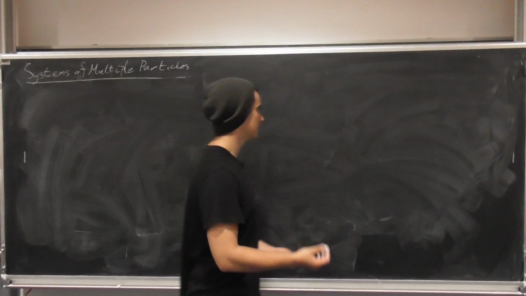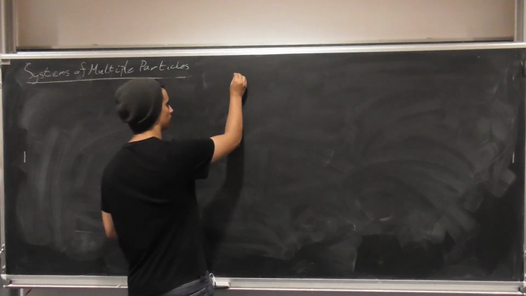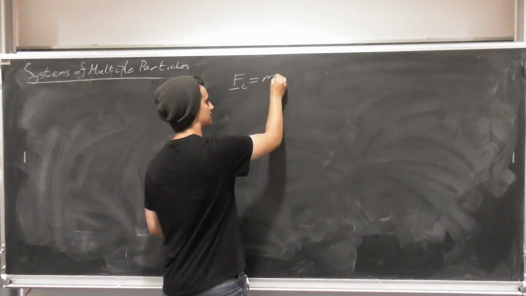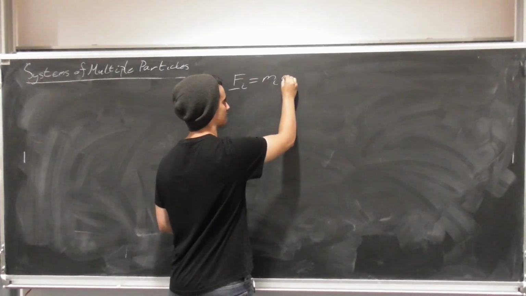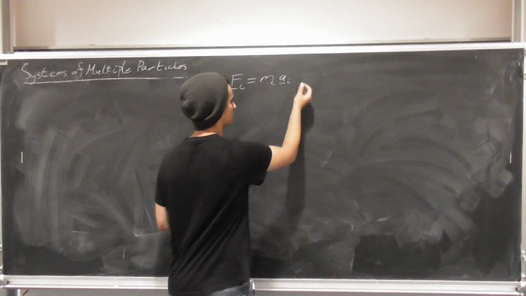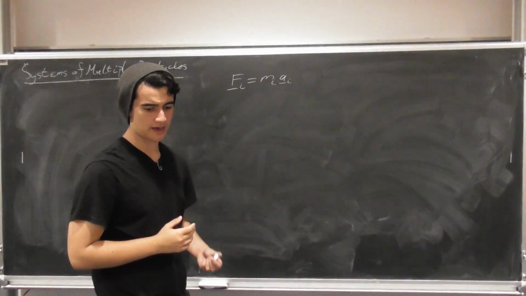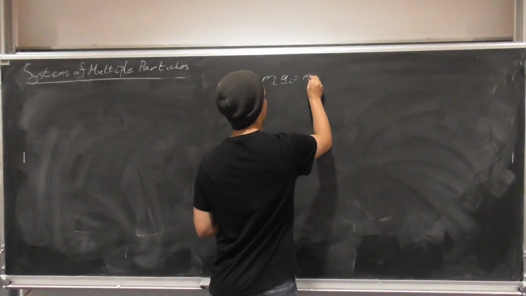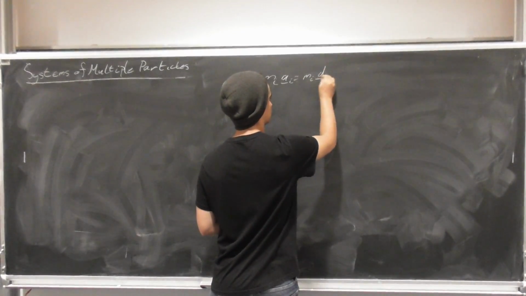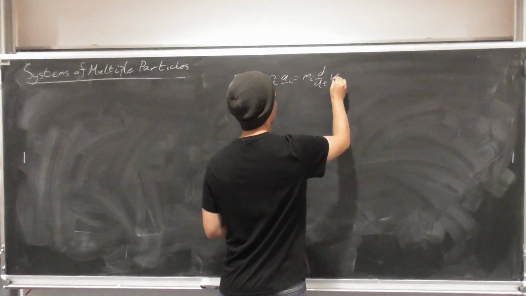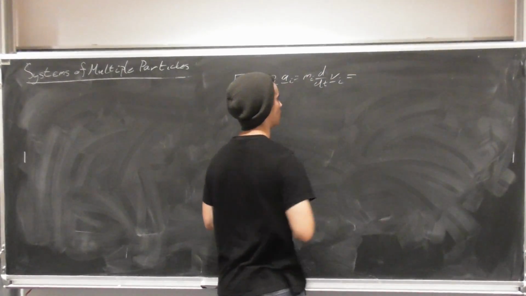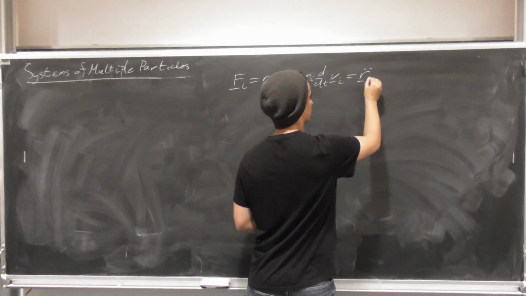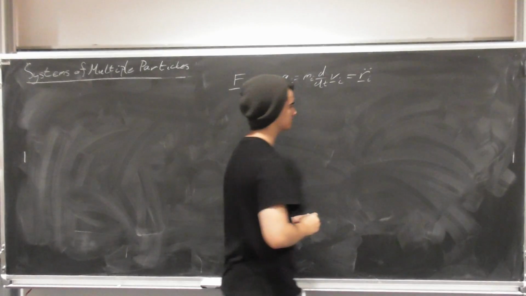So we now have that the force of the ith body is mi times the acceleration of the ith body, which is nothing more than mi times the time derivative of vi, which is the second time derivative of the position.